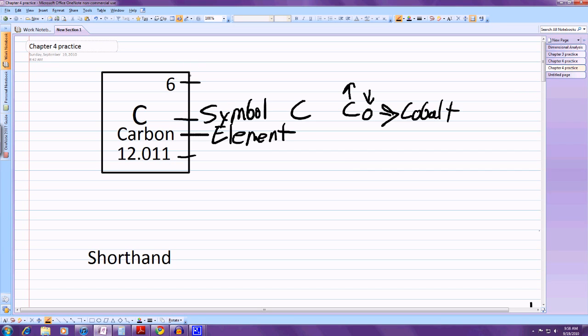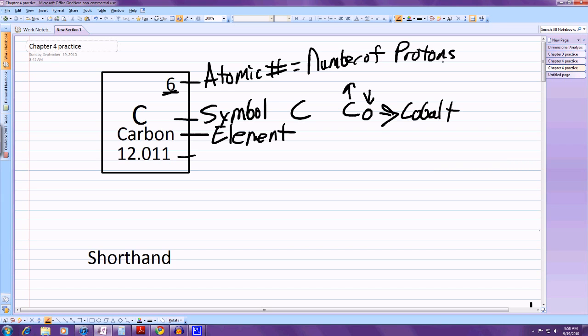Our number up top, this 6, is our atomic number. What does the atomic number tell us? It tells us the number of protons or electrons.